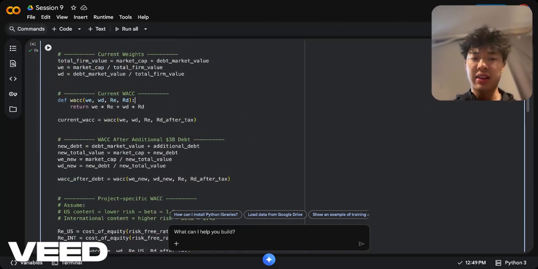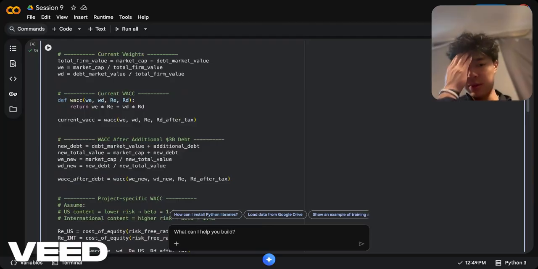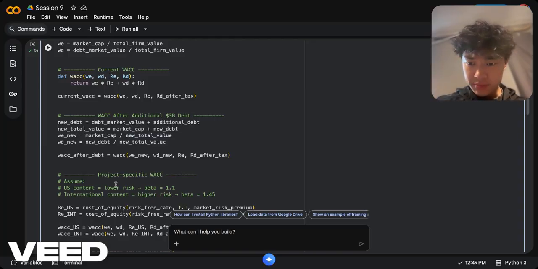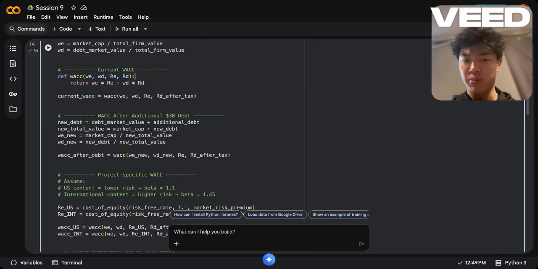Then I calculated the project-specific WACC by adjusting the beta. For US content, which is more predictable, I used a lower beta of around 1.1. That pushed the WACC down to about 10.19%.